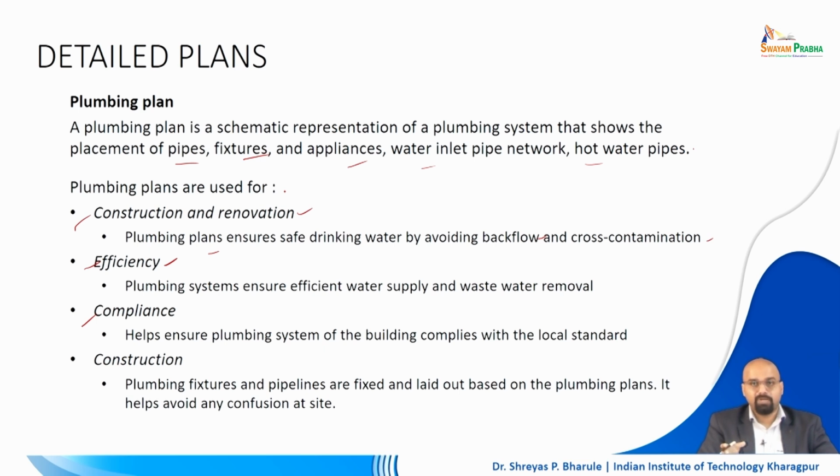But if it is not present, then it will have to be provided with a soak away pit. So all of these standard guidelines are to be followed in different locations. So compliance is one additional thing which we didn't talk about much earlier, but in the particular case of plumbing, it is present almost everywhere, right. So this is a very important thing.